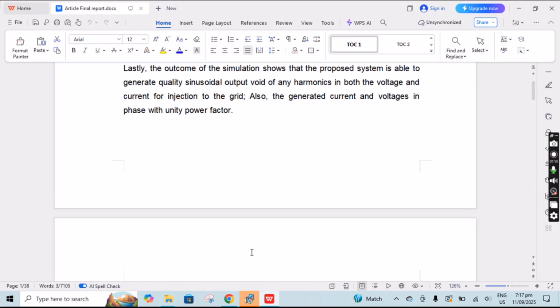In the last part, we overcome the harmonics of the sinusoidal waves, in terms of voltage and current of the grid system.